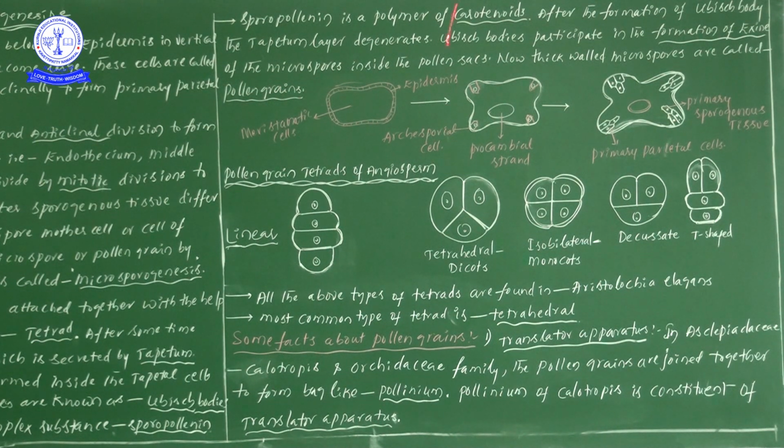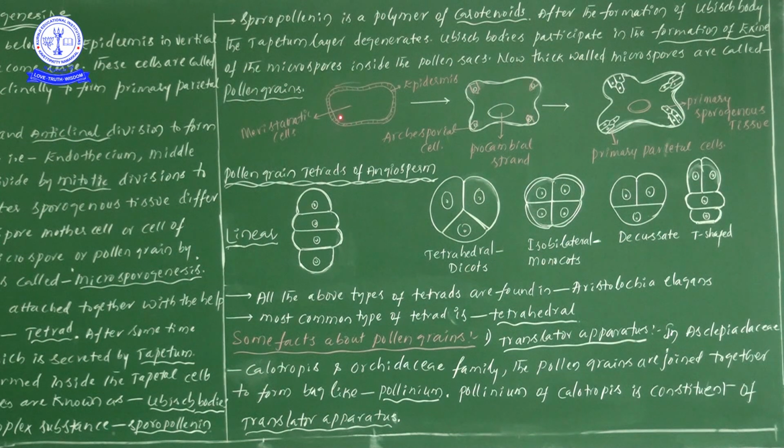Now here I have drawn somewhat rough diagrams. Let me explain in just 1 or 2 minutes. These diagrams show the development of the anther and microsporogenesis. Now let us watch one more time. First of all, you see the outermost protecting layer. We call this protecting layer the epidermis.